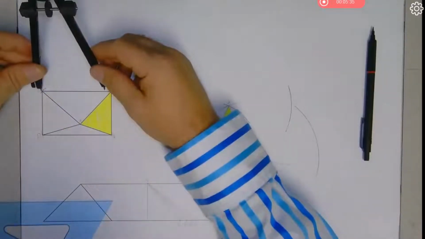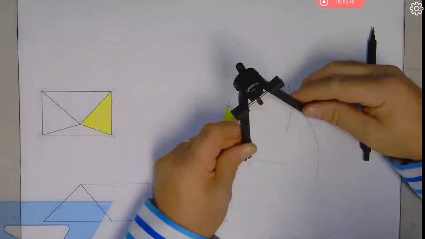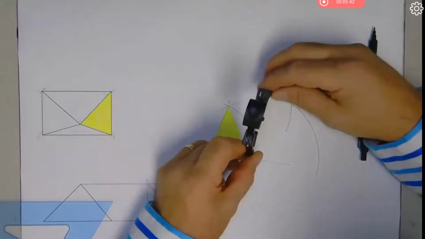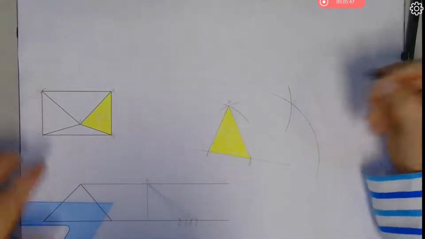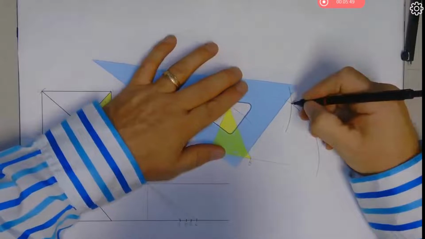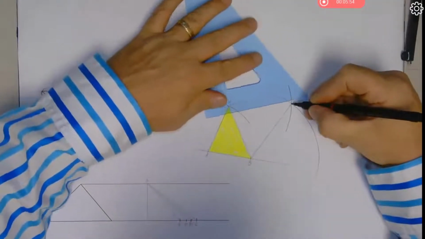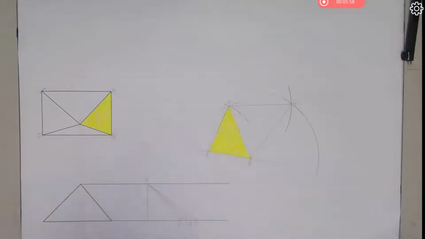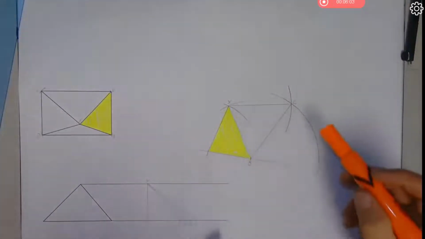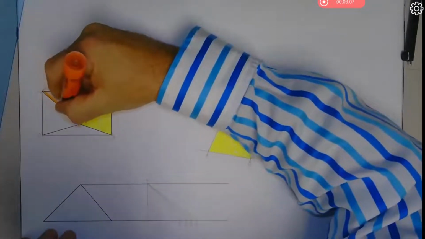Let's go back. So that has just found point C. So I'll join that. Right there. And we have just generated triangle CBX, which is right here.